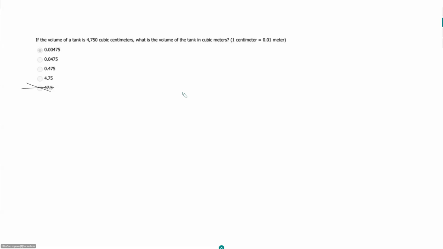So say we have a cylindrical tank. This question isn't really testing your knowledge of cylinders; this is just for illustrative purposes.